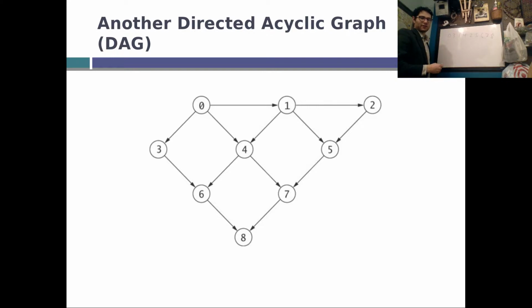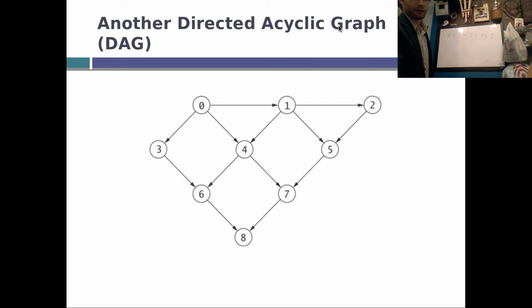So 6 and 7 will have to come before that. They'll have to come before 8, and then all the other numbers will have to come before 6 and 7. Although there's no problem with us swapping out 7 and 6 like that, right?